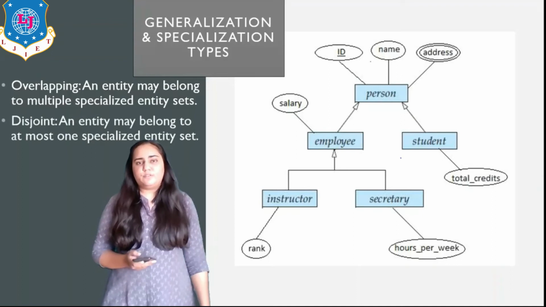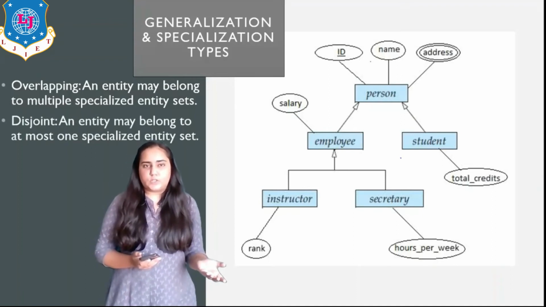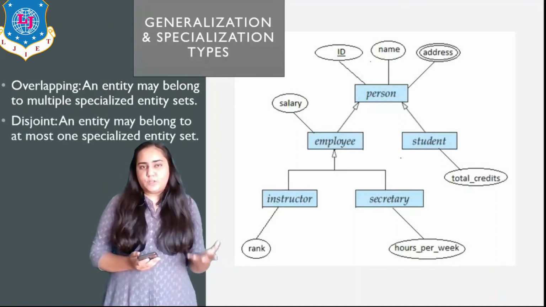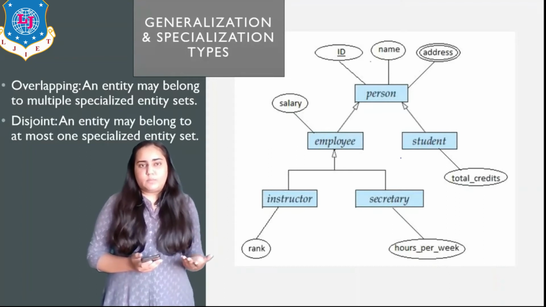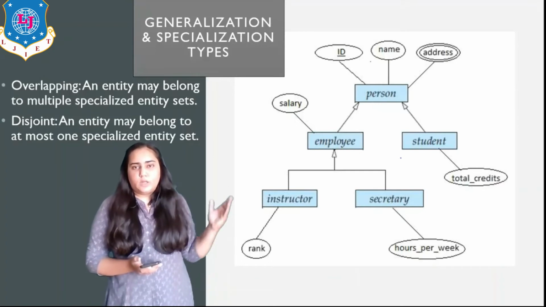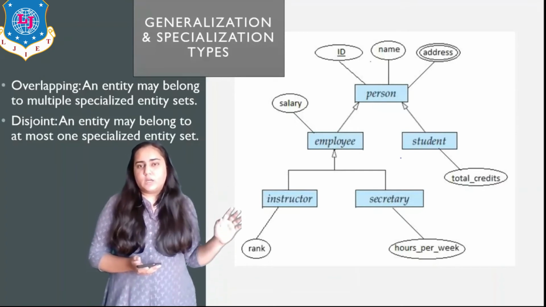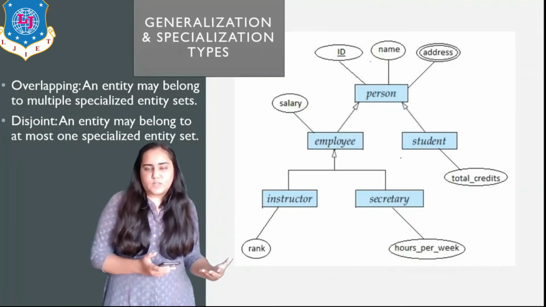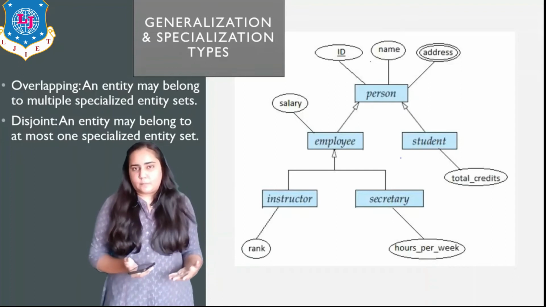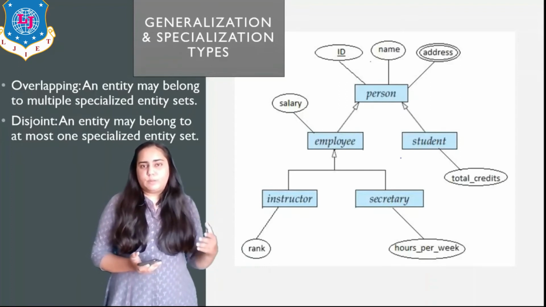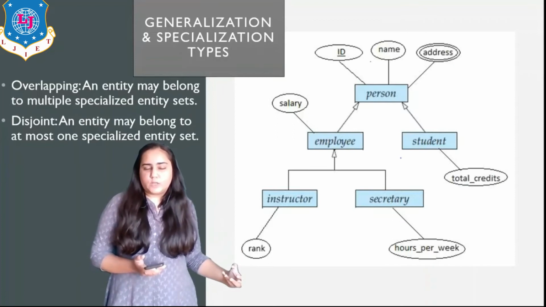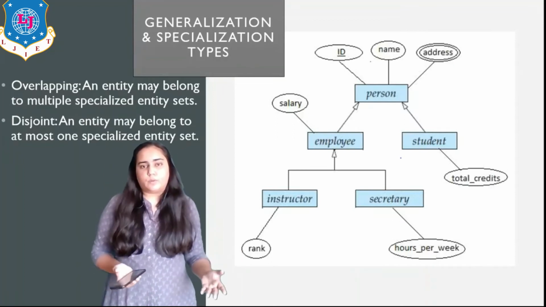The next type of generalization or specialization is called a disjoint one, where one entity may belong to at most one specialized entity set. For example, a person who's an employee cannot be an instructor and secretary both at the same time. And so you would be putting an employee only in the instructor part or in the secretary part, not in both.